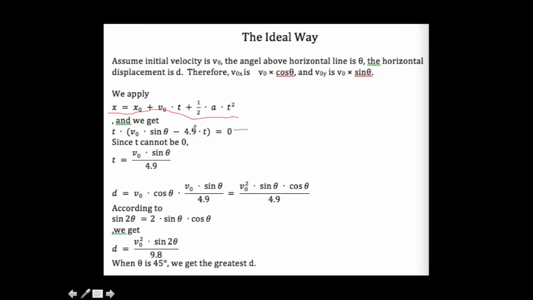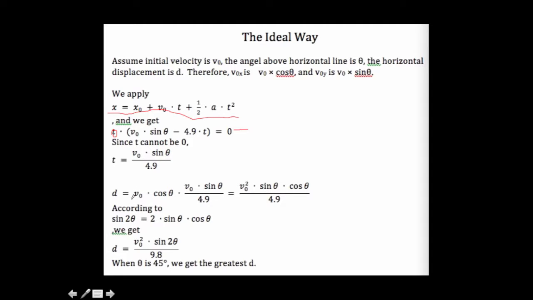Because time cannot be 0, the only possible 0 is this part. If this part is 0, we can get t. It's v0 multiplied by sine theta divided by 4.9. So this is the t of the whole process.